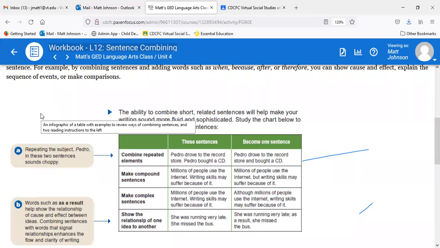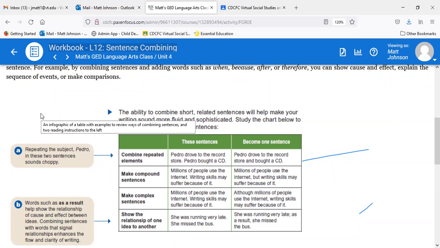And then making compound sentences, right? So a compound sentence is basically, it has two subjects. It's two complete sentences on their own, and we're going to combine them with a conjunction or some other phrase to make one sentence. Millions of people use the internet. Writing skills may suffer because of it. Okay, two complete sentences again, making a compound sentence where we can keep the subject in both sides of that sentence.